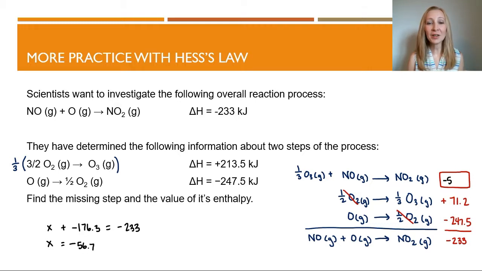So that is my unknown enthalpy, and that's in kilojoules. Everything was in kilojoules. I just didn't have enough room for those units. So negative 56.7. So I've figured out the unknown step in this overall process, kind of by doing a reverse of what we did in the previous examples.